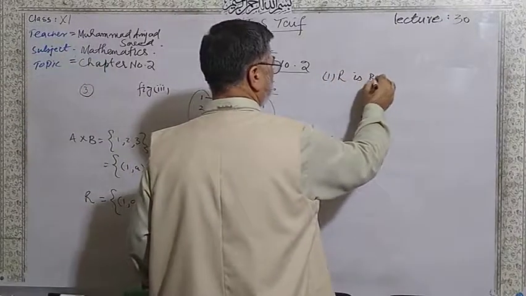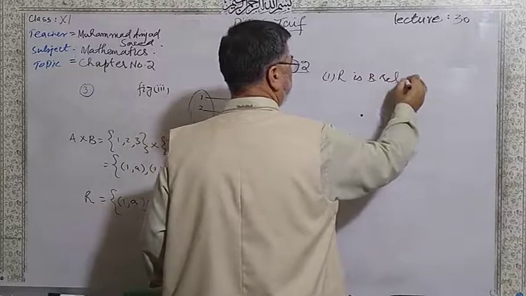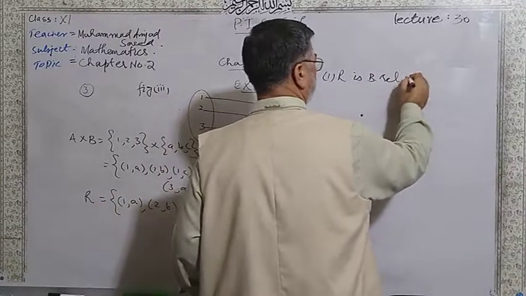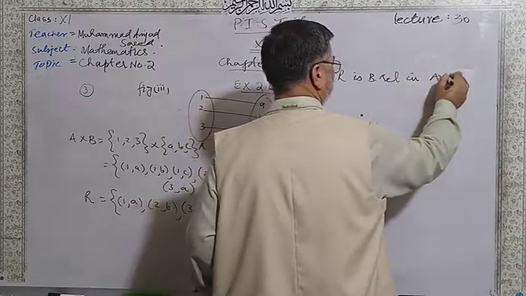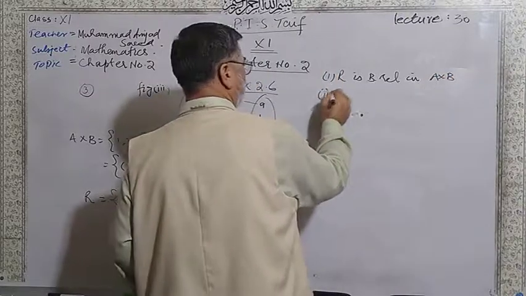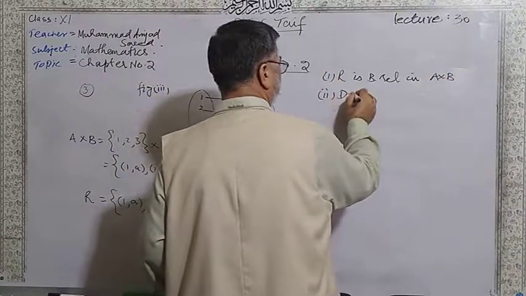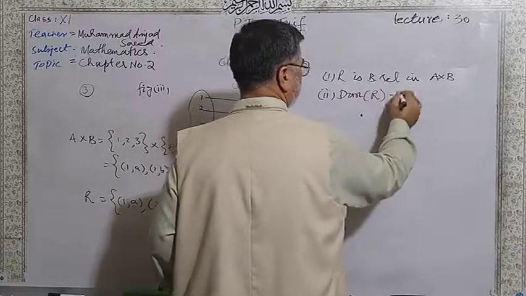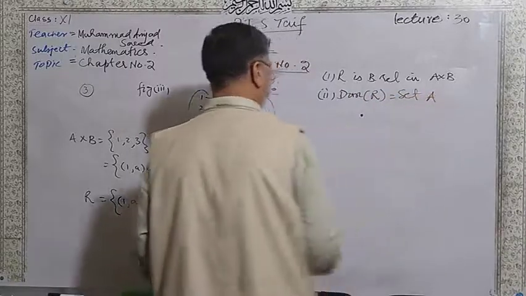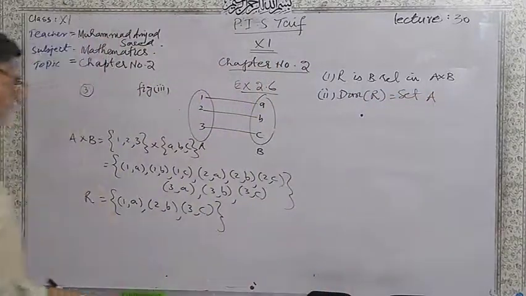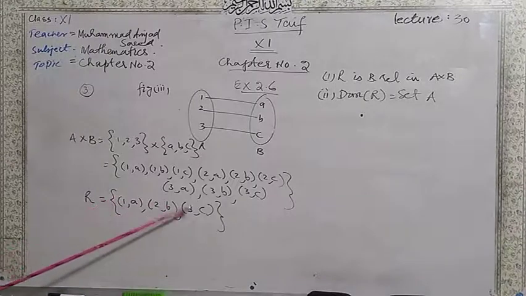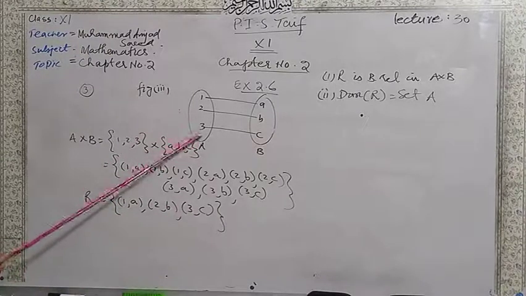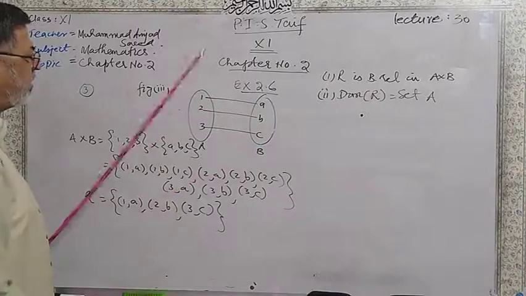R is a binary relation in A cross B. Number 2, domain of R is set A: 1, 2, 3.